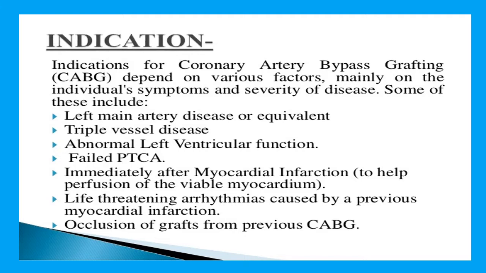And immediately after myocardial infarction, to help perfusion of the viable myocardium, we will opt for CABG, and any life-threatening arrhythmias caused by previous myocardial infarction, or even occlusion of grafts from previous CABG, because the patient might have undergone CABG 5 years back or 10 years back, and even after that the graft again started occluding, that will also be an indication for CABG.